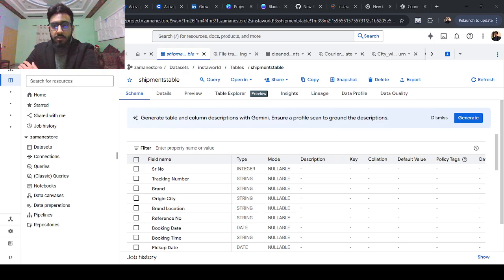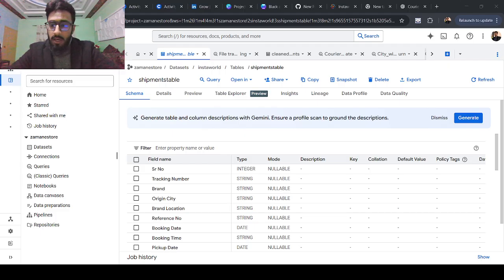Before I get into the agenda, let me explain about the courier service that I used, with which I had the contract. Its name was Instaworld, and what they do is use third-party courier services. They are a combination of multiple other courier services here in Pakistan, and they engage with third parties for the dispatching of orders related to a certain area or a certain city.